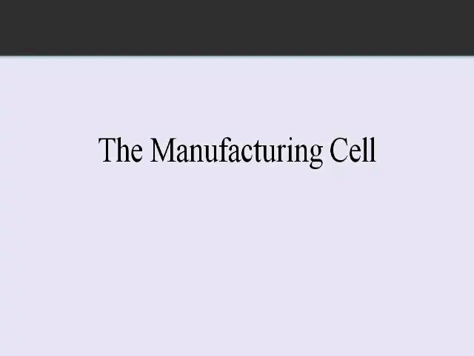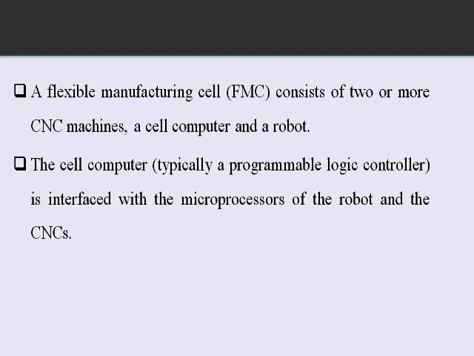The robot is the primary material handling device: it takes the work parts and loads them onto the machines, and takes finished work parts from the machines and loads them onto the bins. The cell computer, today any PC such as a Pentium PC, may interface with programmable logic controllers or the microprocessors of robots and CNC machines, and all of them will be controlled by the so-called cell computer.